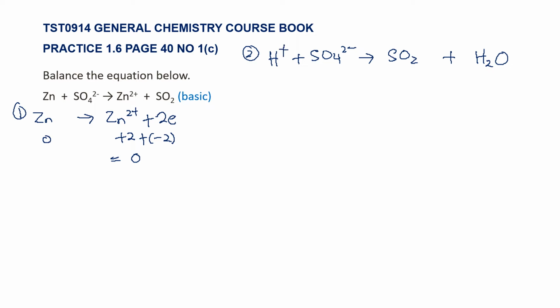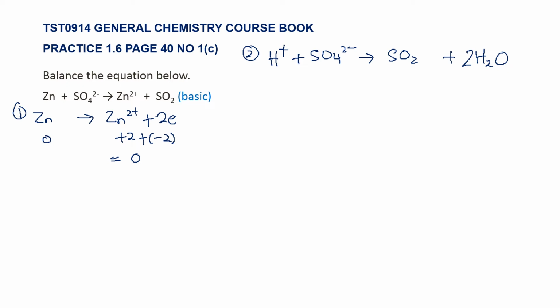Right now we can recalculate the number of oxygens. On the left side we have 4, on the right side we have 2 plus 1, which is 3. How to balance it? We can put 2 in front of H2O to make the oxygen become 4. The number of sulfur is still 1 on the left and right side.